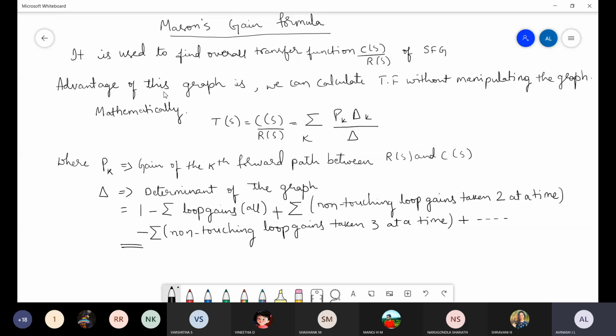Okay, so that is the delta. Next we are left with only the delta k. What is the meaning of delta k?